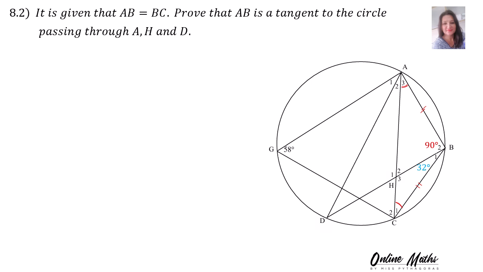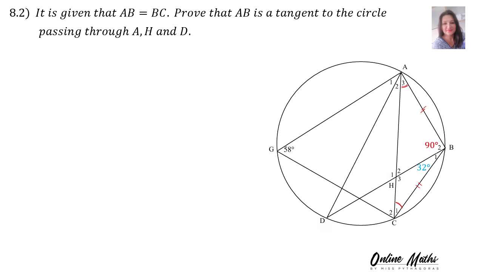Now the question says, prove that AB is a tangent to the circle passing through A, H and D. So in fact there's an invisible circle. No wonder we don't understand maths, because the stuff is invisible. So let me show you.